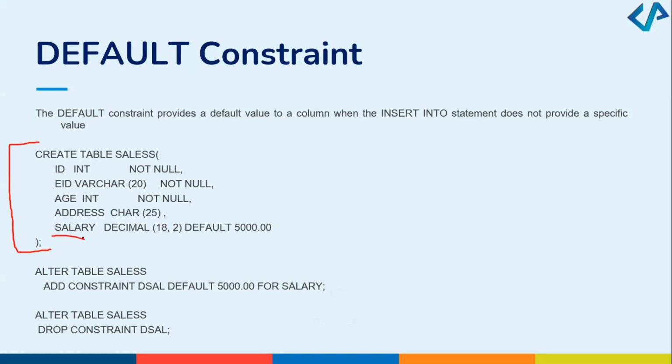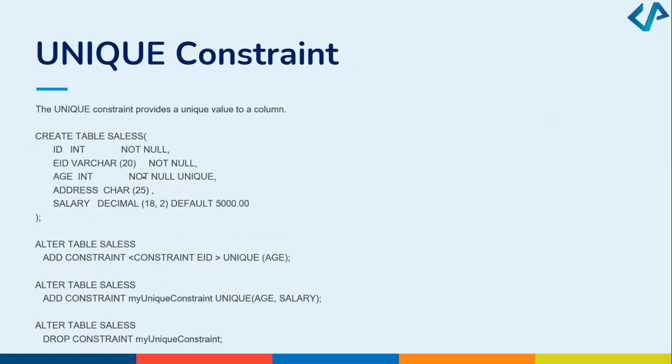Because see, salary, decimal, default constraint. If you give the value of salary, it will take that. If you put the value 10,000, 3,000, 7,000, it will take it. If you don't put that, it will take a default value 5,000. That is how a default constraint works. Okay, sorted and clear. Default constraint.